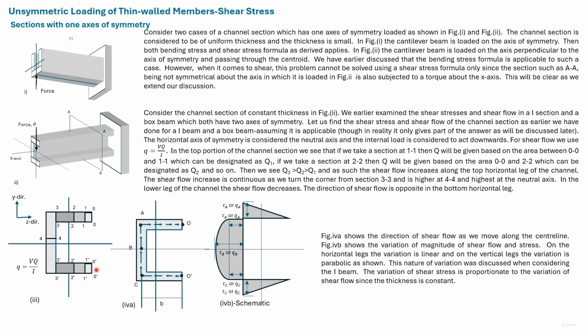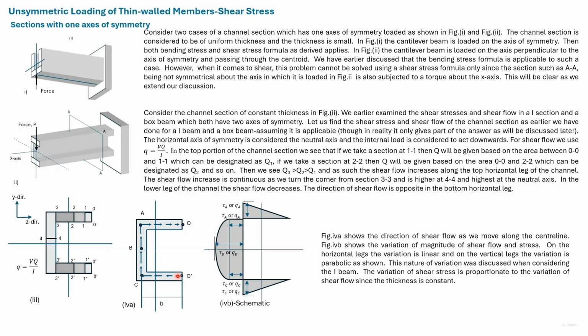Now consider the lower leg. In order to find the shear flow in section 1-1, we have to use the statical moment of area of this small portion. To find the shear flow of section 2-2, we have to use the statical moment of area of this portion.